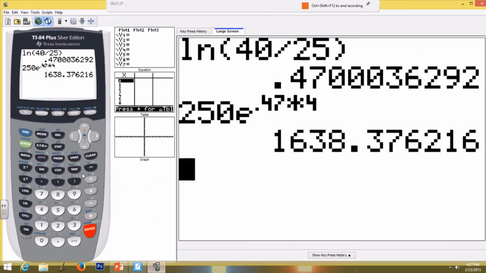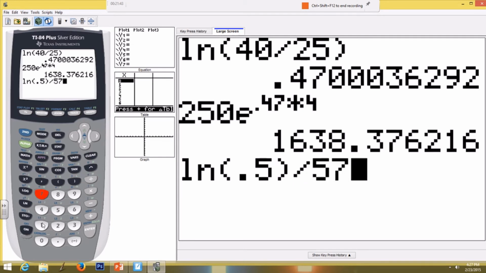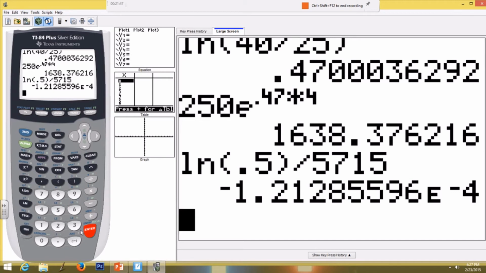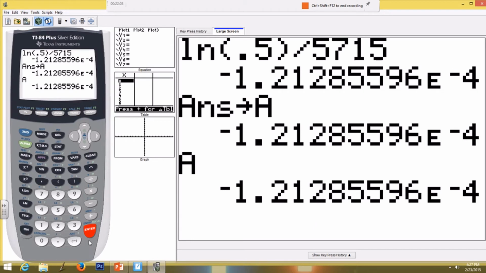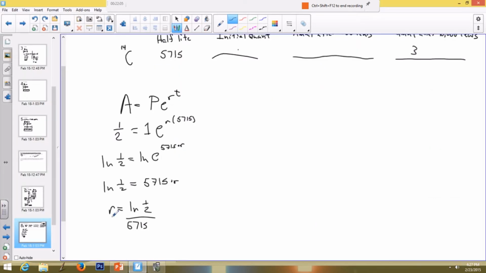If I go to my graphing calculator and take the ln of 0.5 divided by 5715, I get something pretty darn small. That's my rate of decay per year. Just to be safe, I am going to store that in A, so anytime I type in alpha A, it gives me that number, and I can use that to multiply. So that's my rate.